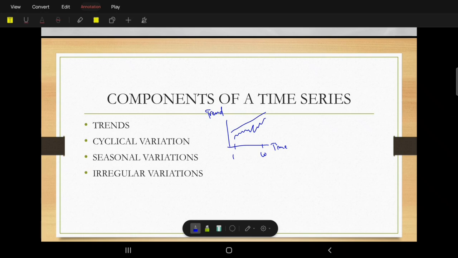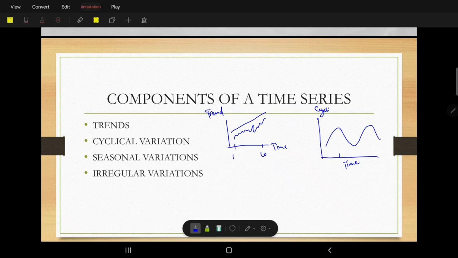And then cyclical. Cyclical macam mana graph dia? Okay, this is time. It is repeated long period. Cyclical ni repeated long period. Dia ada ups and down dia.